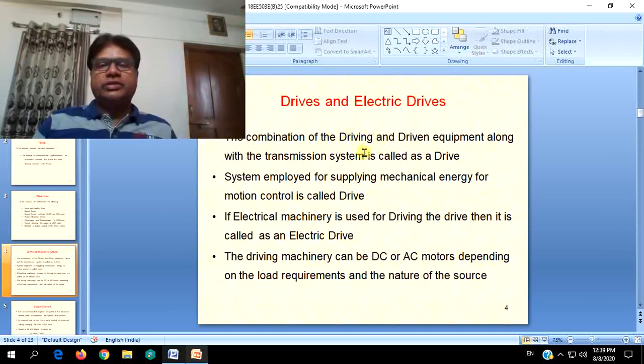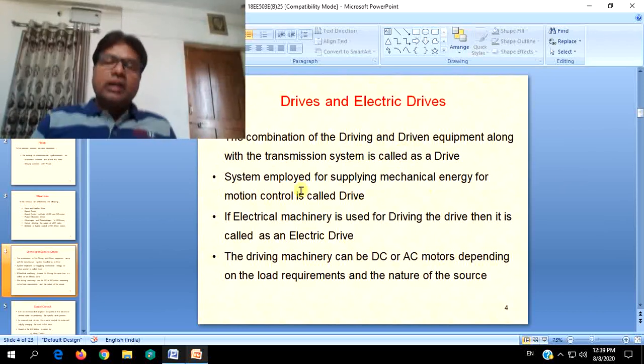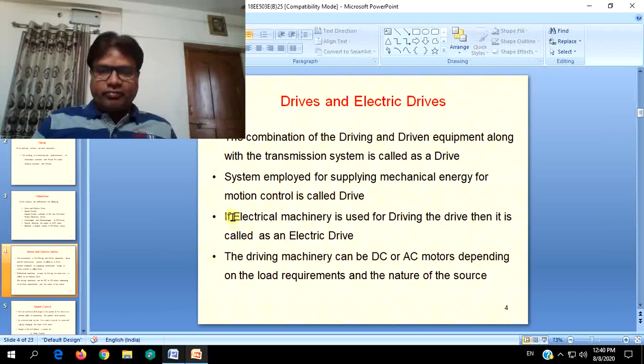Efficiency will also be less, and particularly to control the speed of the load ultimately will also be difficult in case of the conventional drives. Now think of a receiving equipment or source, which is normally called a prime mover, by electrical machinery.